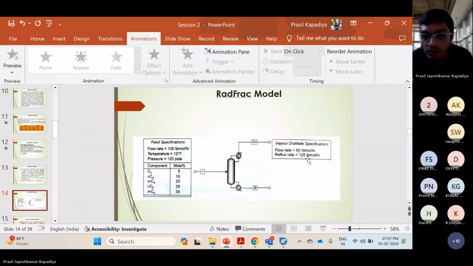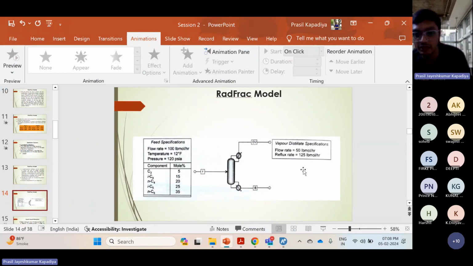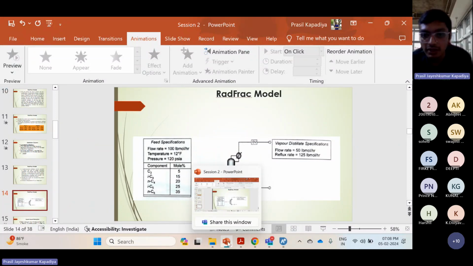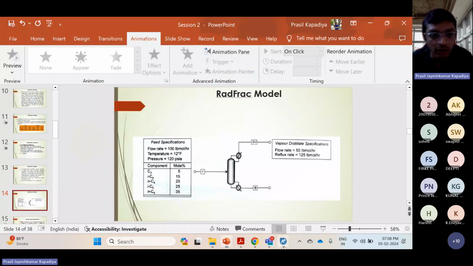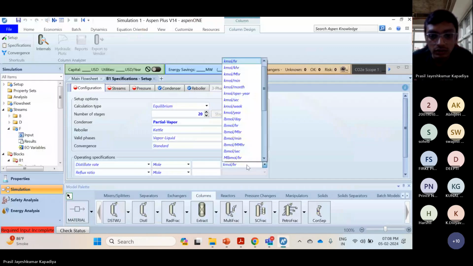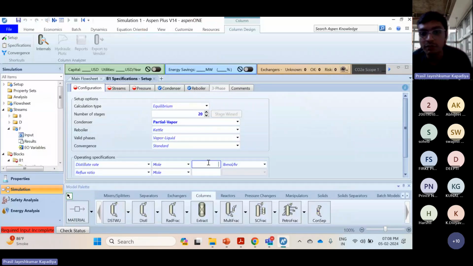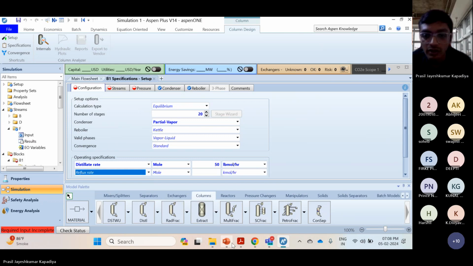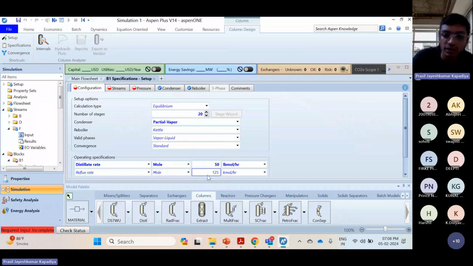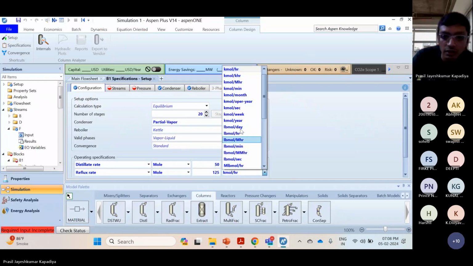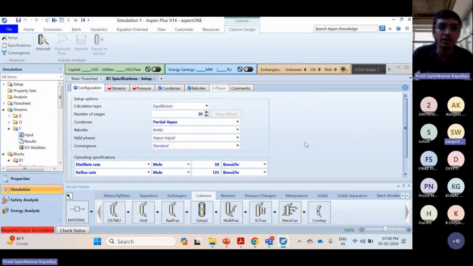Okay. Which flow rates are given? Distillate flow rate is given, and reflux rate is given. So distillate flow rate is 50 pound moles per hour. And reflux ratio is not given. Reflux rate is given. Reflux rate is 125 pound moles per hour. Correct. Now go to next.